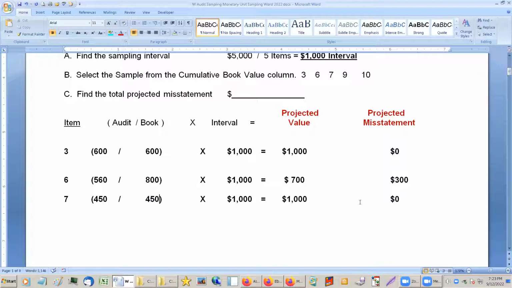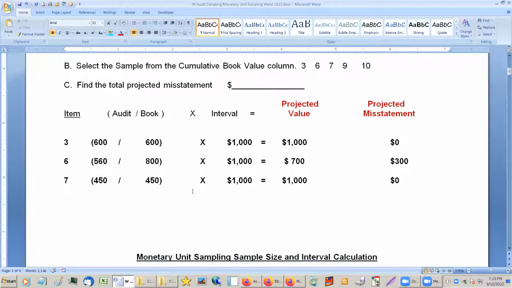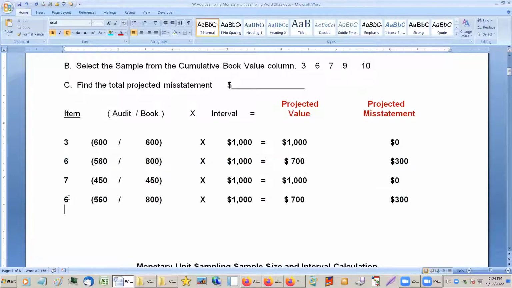If there's no problem with them, there's no misstatement, obviously. So that's 9.